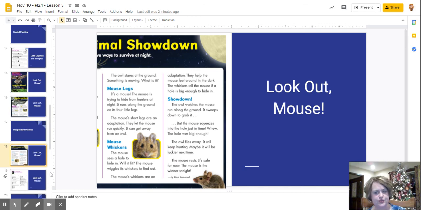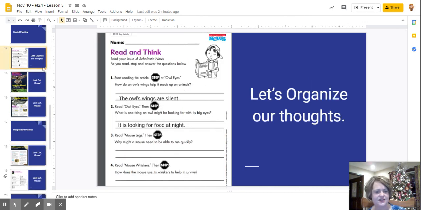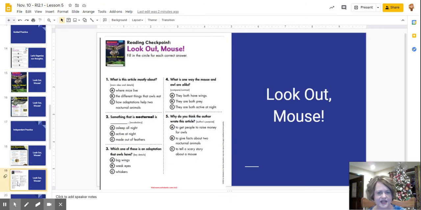Once you are finished reading today for independent practice and you have added your notes for 3 and 4, if you have time, the next sheet is a question sheet about the article. Just read the question and mark your answer. If you have time, you can talk about the answers, compare answers, and talk about why you marked those.